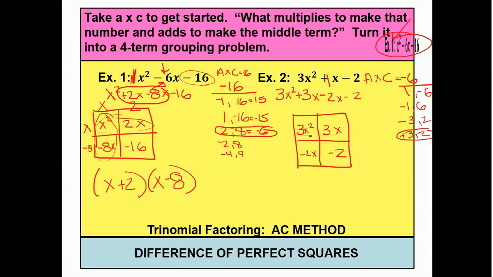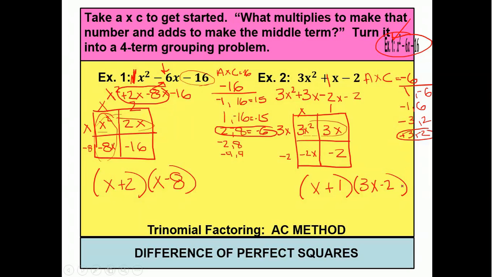Alright, GCF of these two guys, it looks like it's a 3 and an x, because 3 can come out of both of them, and so can an x. 3x times x is 3x squared, and then negative 2 times x is negative 2x, and negative 2 times 1 is negative 2. So my answer: x plus 1, 3x minus 2.